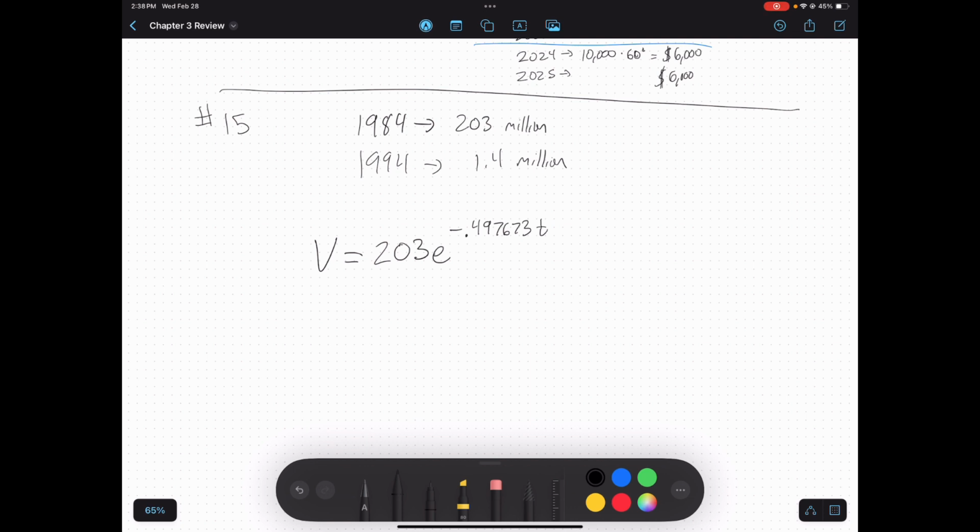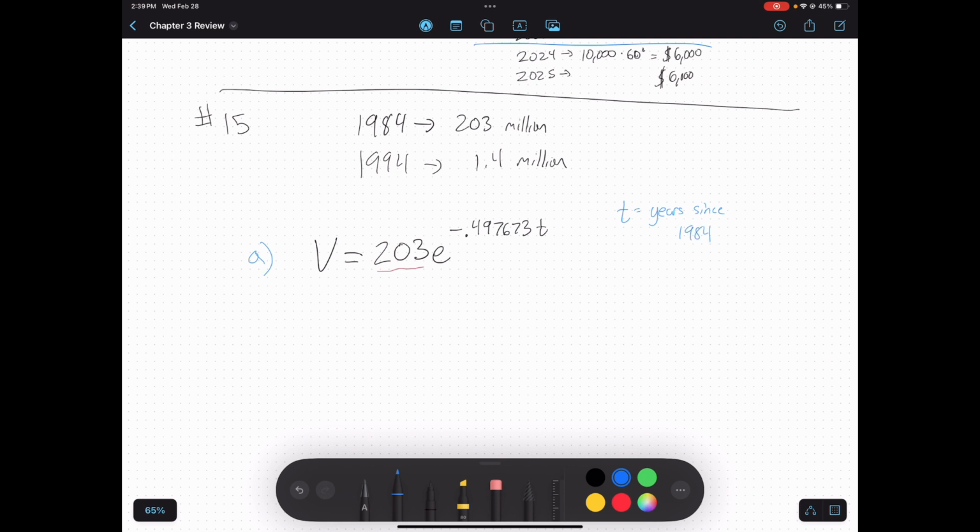So this is part A. I want to point out some things before we keep going. First of all, there's my initial value. My initial value is the amount that was in 1984. So what does that mean about T? T equals years since 1984.